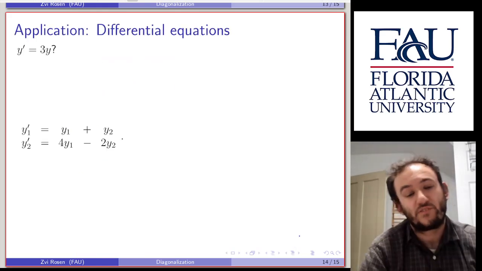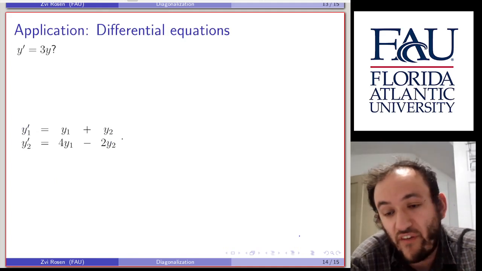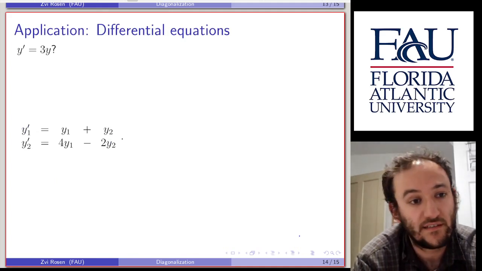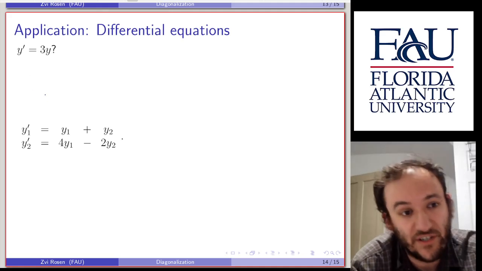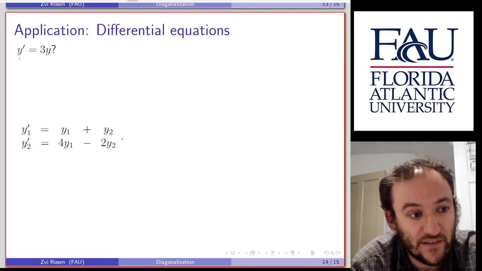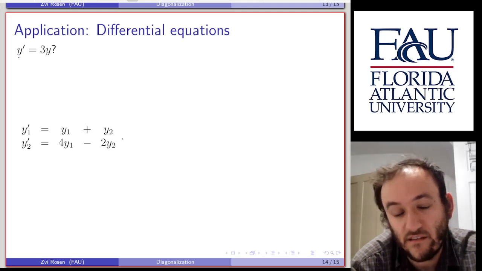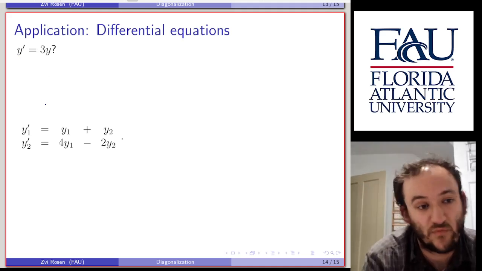Okay, so that was powers of diagonalizable matrices, and now we're going to see one final application of diagonalizing matrices, and this comes from differential equations. So we'll recall that there's a very nice differential equation of the form y prime equals some constant times y.